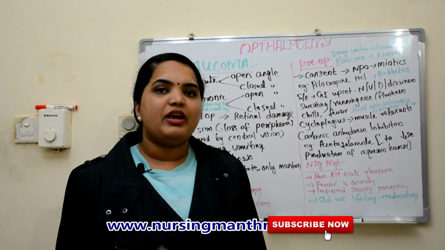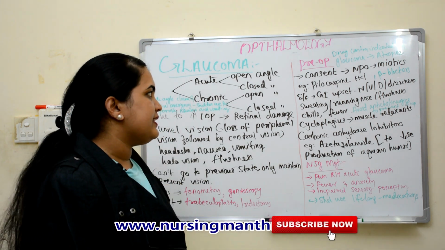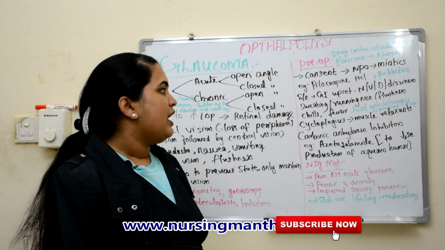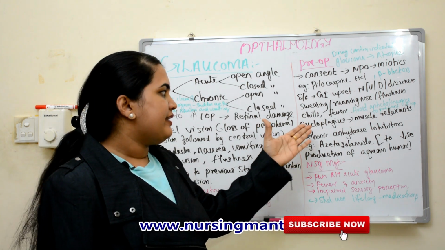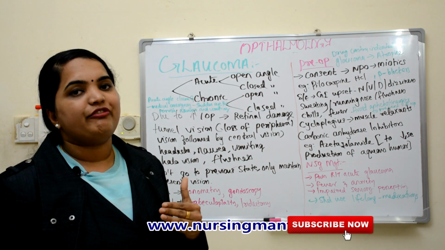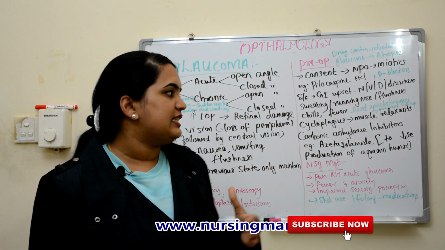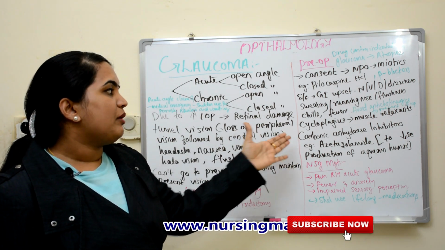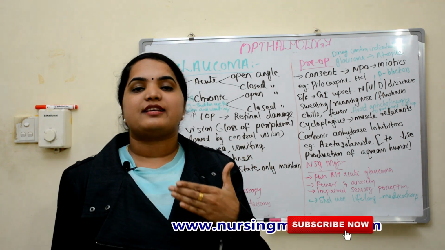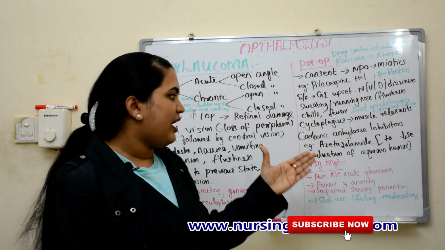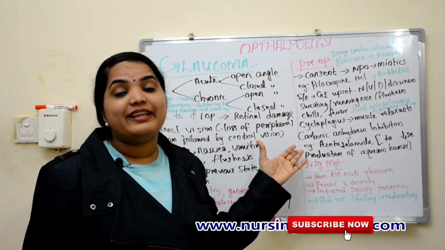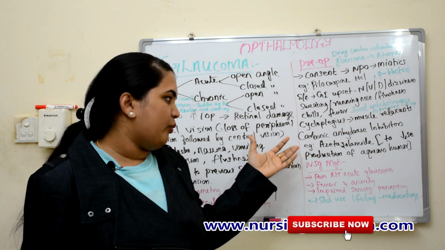In glaucoma we have to avoid anticholinergics, as we saw with atropine, to prevent increased intraocular pressure. Cycloplegics we are giving as muscle relaxants. Then carbonic anhydrase inhibitors, for example acetazolamide. You have heard of the Diamox tablet. Diamox will decrease the production of the aqueous humor.